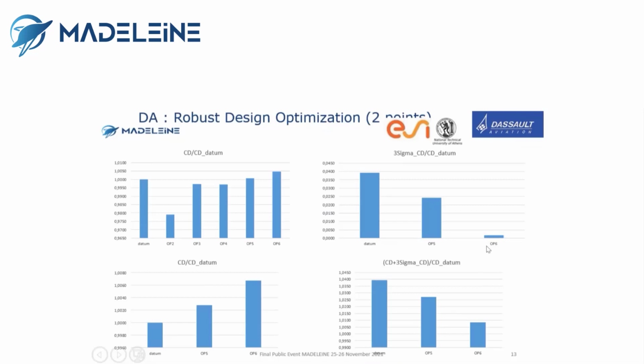For example, on optimization 6, you have a large decrease of standard deviation because the gain comes mainly from the standard deviation in the cost function. Keep in mind the cost function is the mean value plus 3 times the standard deviation of drag.